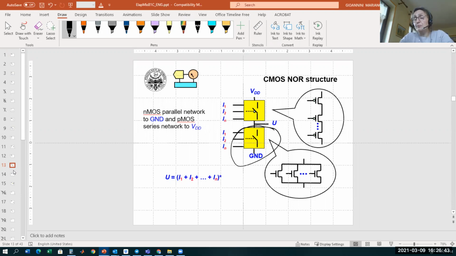And you build up with NMOS in parallel or in series the connection to ground. The connection on the top, so the PMOS part, is complementary. If you have the NMOS in parallel, on the top it goes in series, and vice versa. Clear? Let's see an example.